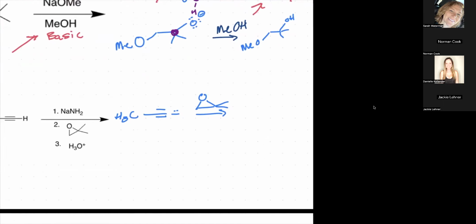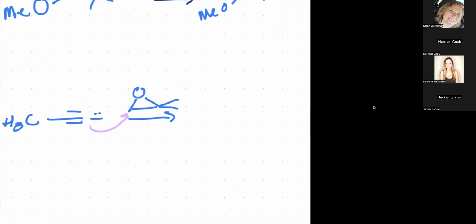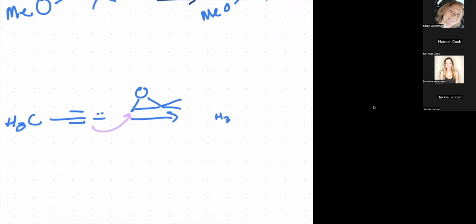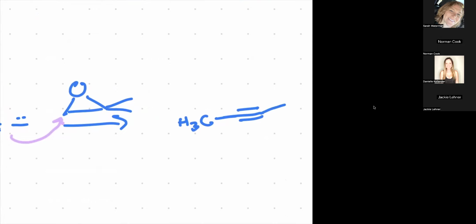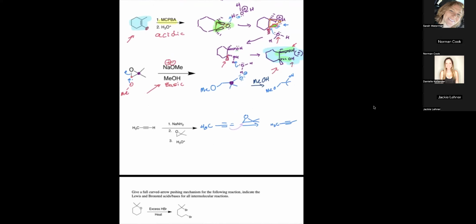So then we would have this. At least substituted, so we'd have it coming and attacking here. So then what we end up with is we have H3C. Oh gosh. I hate when you have the triple bonds. It's like, where exactly are your carbons? Okay, so 1, 2, 3.